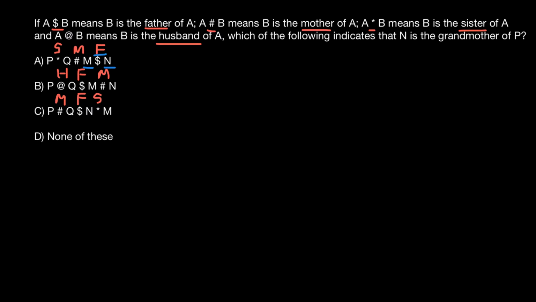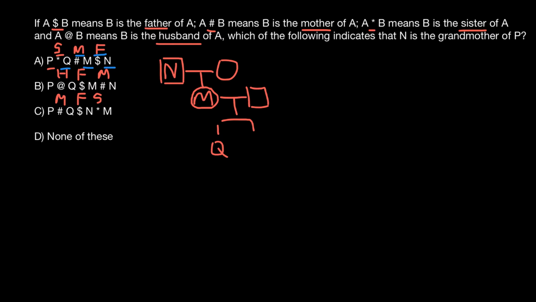So N is a father of M. And as you see, M is a mother of Q. So we circle M, a mother of Q. And Q is a sister of P. So he is a Q and she is a sister of P. And the sex of P is not known, so we use this sign.